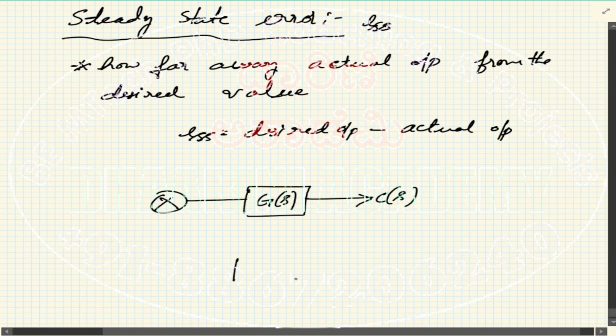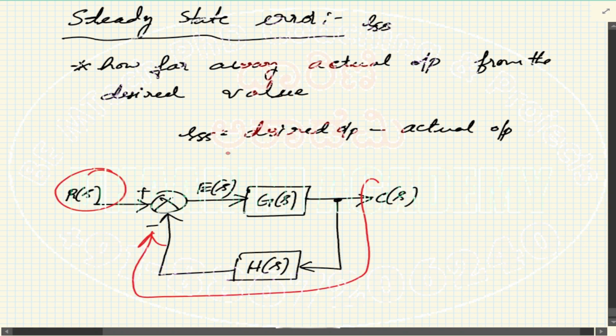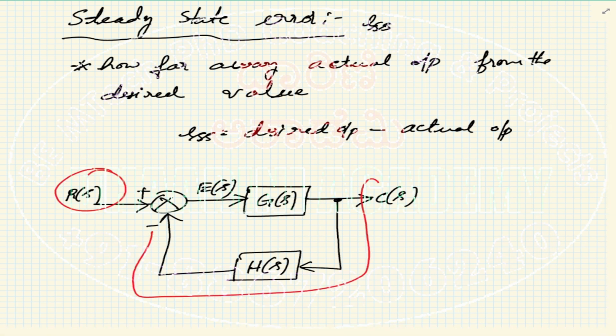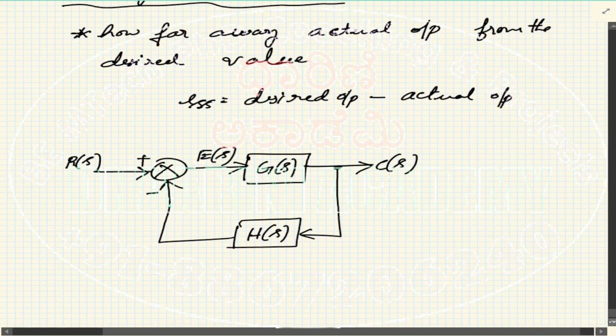Let's say we have a feedback denoted by H. This is the input R of s. Now this is the error, because of the plus and minus: the input is coming in, and you are subtracting something from it, so you get the error defined in that way.